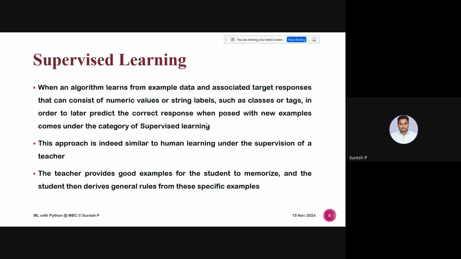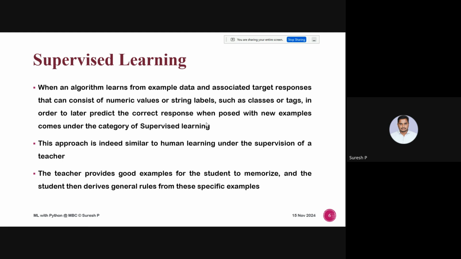Then the next one is the supervised learning algorithm. As I said already, in the supervised learning algorithm, it will learn from example data, and every example will be associated with a target response. The target response can be a numerical value, or it can be a string label such as classes and tags. With this target label, it can predict the correct response whenever we give new examples.